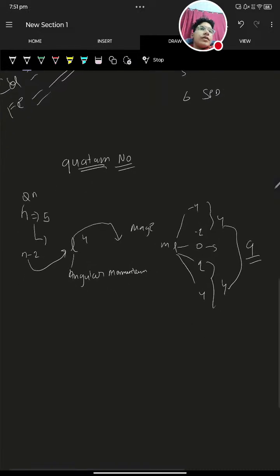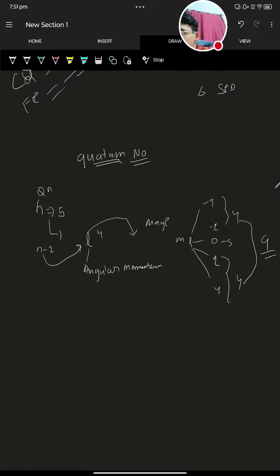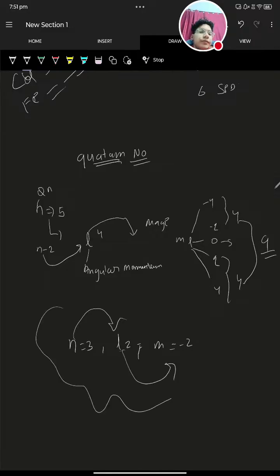Out of this, there is a question like, if there is n=3, l=2, m=-2, is this possible? Then you will say yes, because n minus 1 is 2, then 2 has a possible value of -2. Basic quantum number, angular momentum, and magnetic.